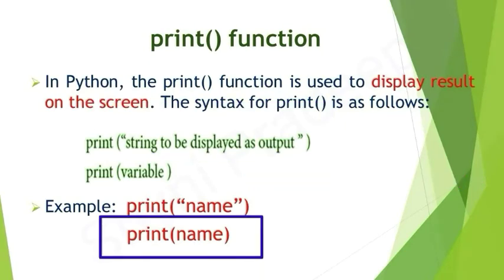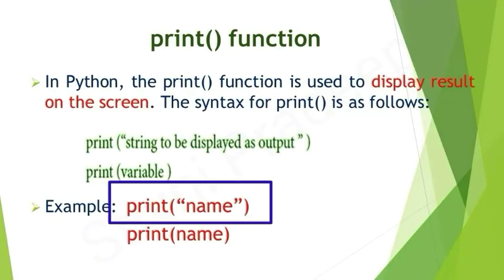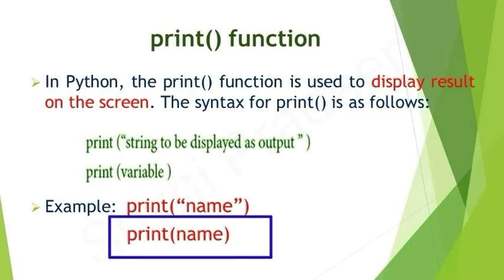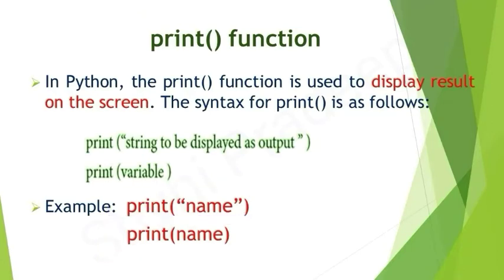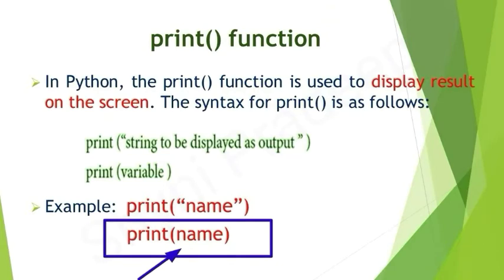Next, print name. See what is the difference. Here double quotes is given, but here double quotes is not given. So what is the output of this code? Here double quotes is not given, so this is called a variable. This is not a string. This is not a message. This is called a variable. So this variable has some value.